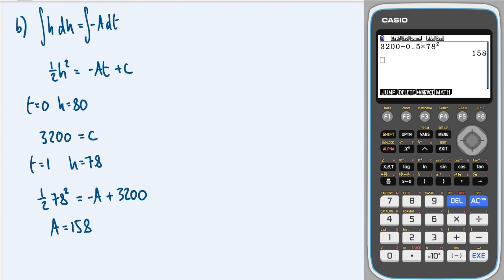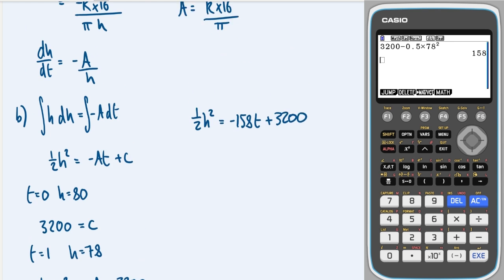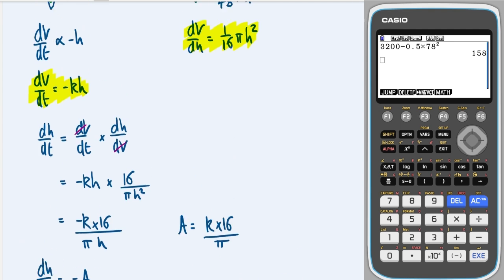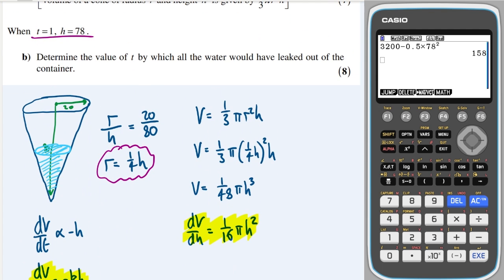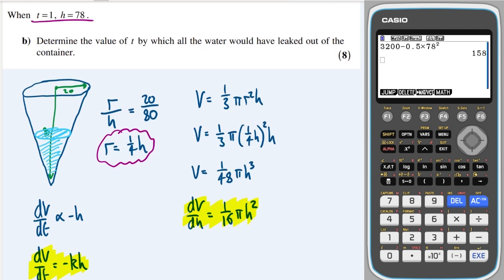Okay, great. So my complete equation is going to be 1/2 h squared is equal to minus 158t plus 3,200. Man, I love differential equations. Determine the value of t by which all of the water would have leaked out of the container.